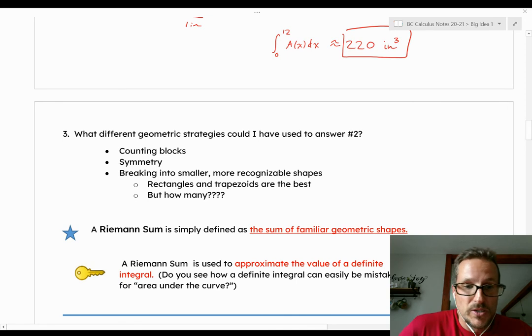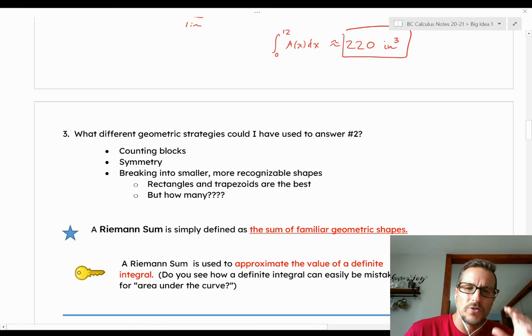So it seems as though we're using these areas to find the value of a definite integral, which again confuses the uninitiated, because the uninitiated think that a definite integral is just area under a curve, but it's not. And that's kind of where some of the confusion lies, is that we're using area to get something that's not technically area, but it just looks like area.